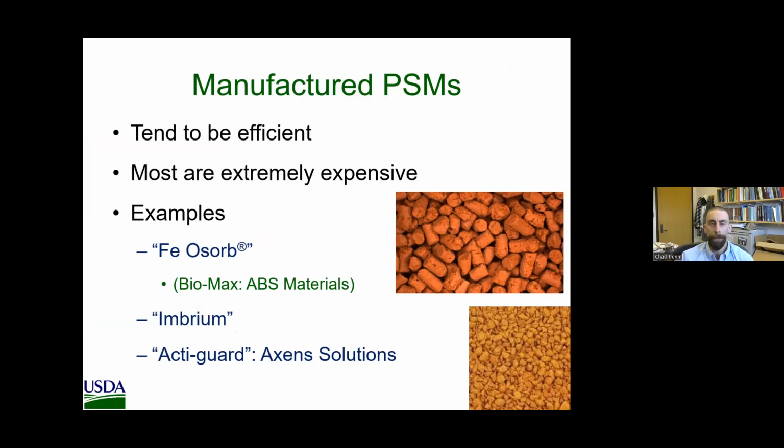Some of them are calcium-based products, some of them are magnesium. Most of them are iron and aluminum oxide-based materials. In general, the iron and aluminum oxide-based materials, for all PSMs, whether they're manufactured or not, tend to be the most efficient compared to calcium. That's due to the type of P sorption mechanism that is utilized by them. They also tend to remove P faster than your calcium and magnesium based materials.